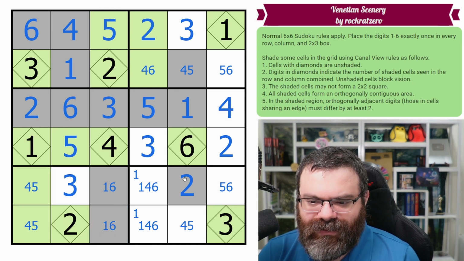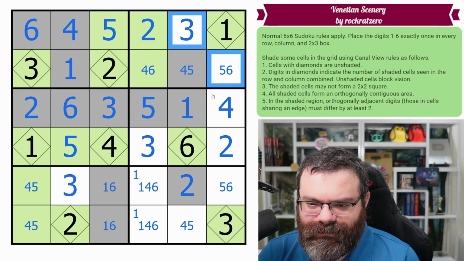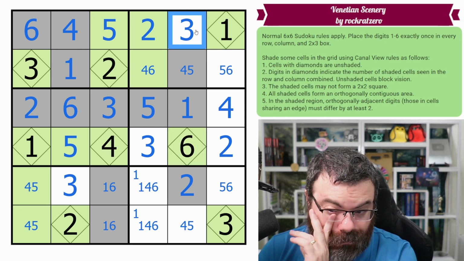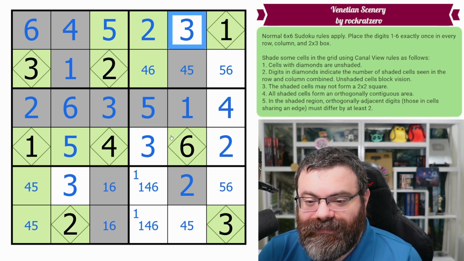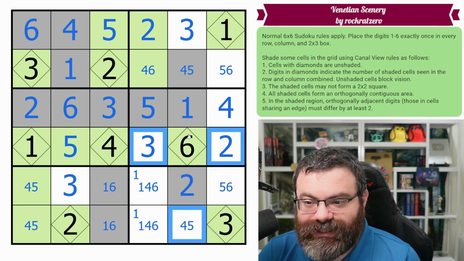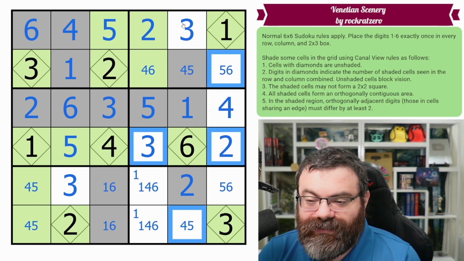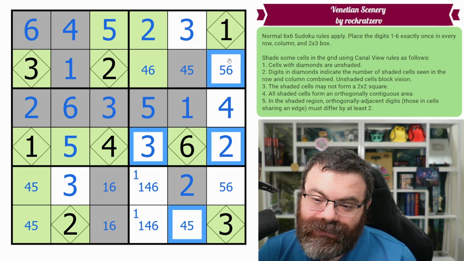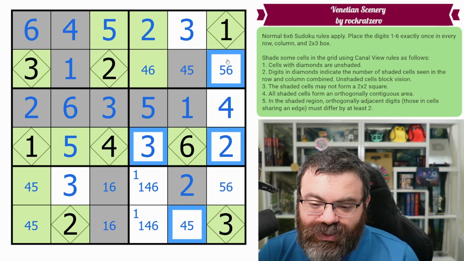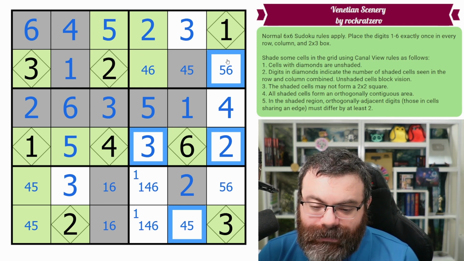Is there some sort of counting thing I can do? One of these is shaded. So another consequence of this not being shaded is all 3 of these are for the 6. So if the 3 is not shaded, all of these are shaded. Is there a danger of making a 2x2 of shadeds, I wonder? Because we definitely have that rule.